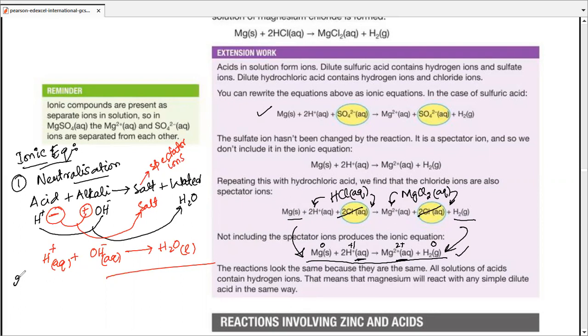Now, the second type of equations are usually precipitation reactions. For any precipitation reaction, the method remains the same.